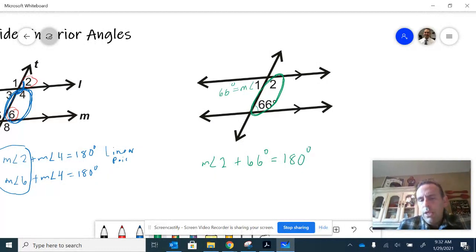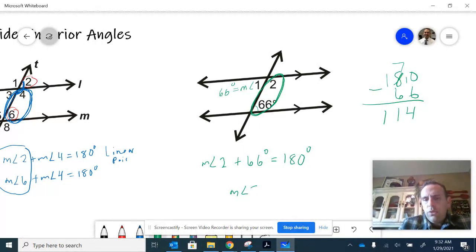They're supplementary. If you use a little subtraction there, subtract 66 from 180, we get 114. So that would mean that the measure of angle 2 is equal to 114 degrees. Or in other words, 114 plus 66 equals 180.